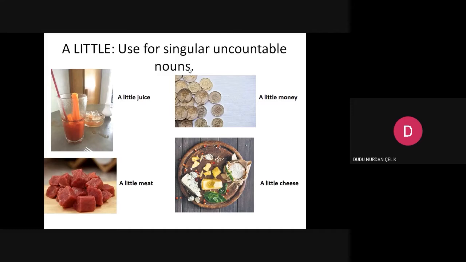The meaning changes with countable nouns. Or when I say a little child, I mean a small child. I don't mean the number of the child or the chair. So the meaning changes when we use a little with countable nouns. Then we cannot use a little with countable nouns as a quantifier.